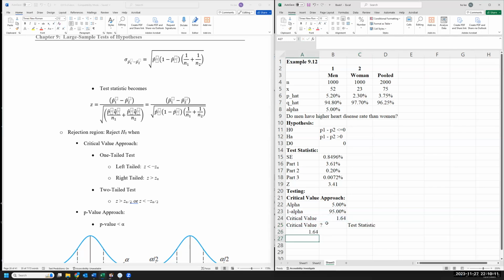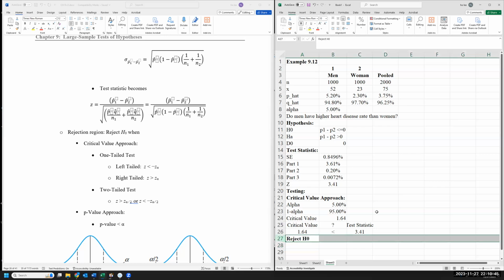Critical value is 1.64. Test statistic is 3.41. Test statistic is greater. That means we get to reject the null hypothesis that men and women have the same rate of heart disease, or even that men have less than or equal to women's rate of heart disease. Likely men have a higher rate of heart disease than women.